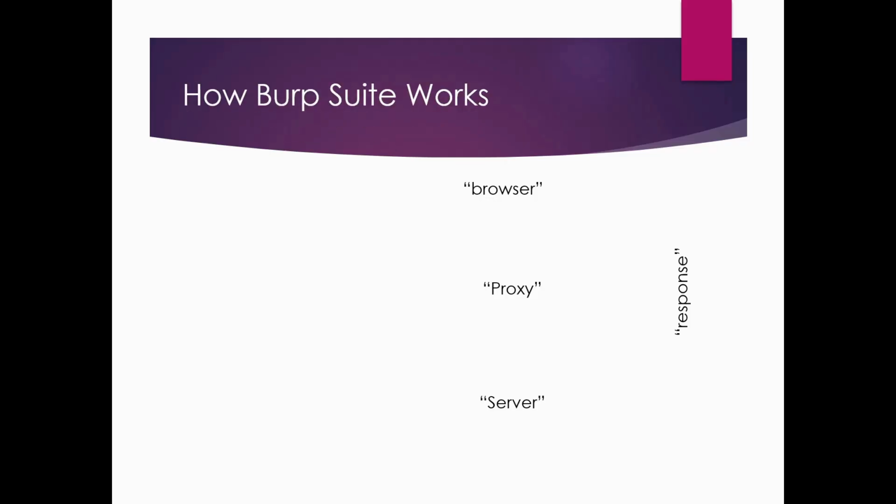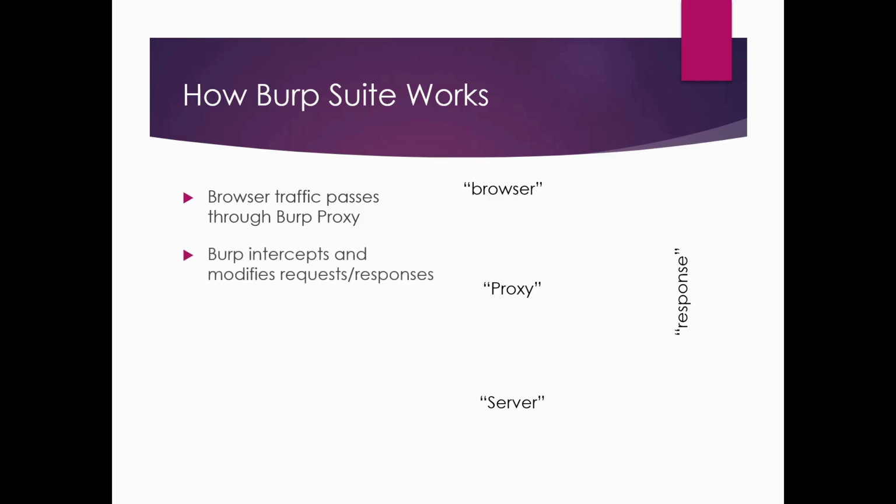So now let's understand how Burp Suite actually works behind the scenes. When you configure your browser to use Burp's proxy, you tell it to send all the web traffic through Burp instead of directly to the internet. So when you open a web page, Burp Suite intercepts the request.